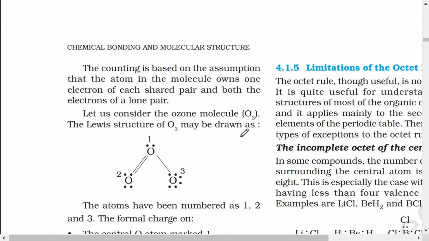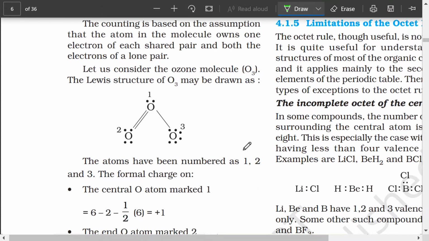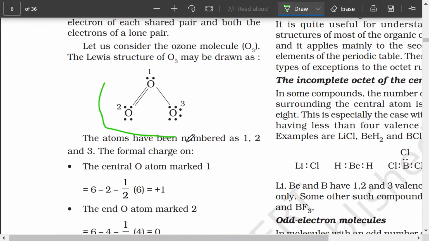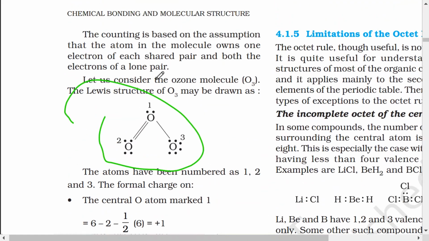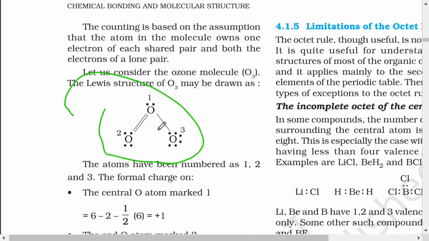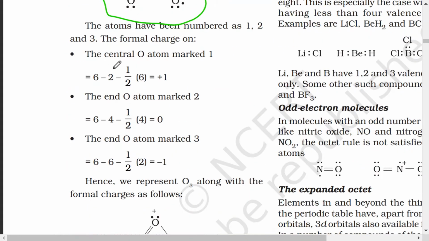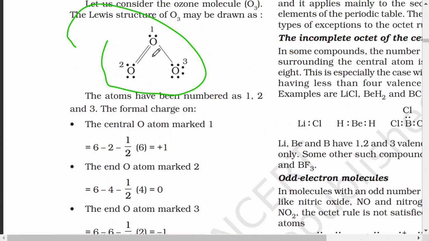Let us consider the ozone molecule, O3. The Lewis structure of O3 may be drawn like this. You can practice and try to calculate the formal charge before seeing this. This is the way you can calculate. If you want, you can mark 1, 2, 3.